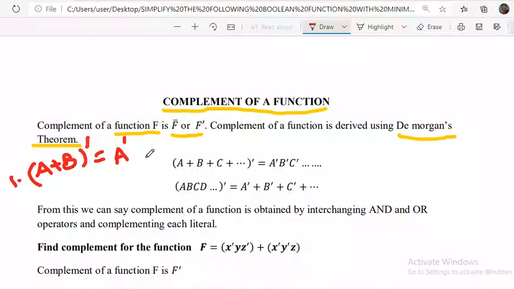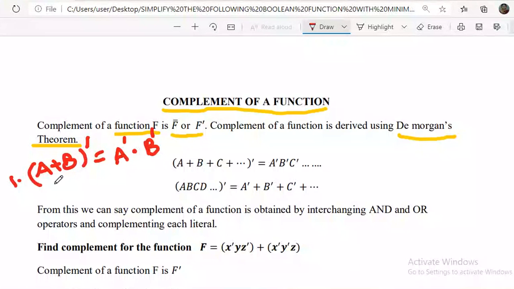This plus will become multiplication, and the whole bar will become individual bars. I broke the whole bar and just wrote a dash into b dash. This is the general De Morgan's theorem.